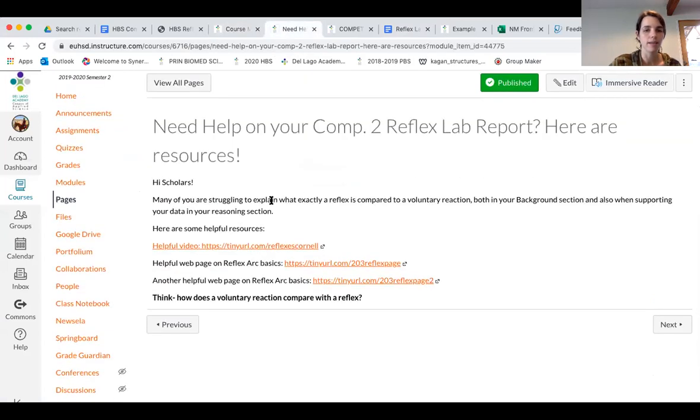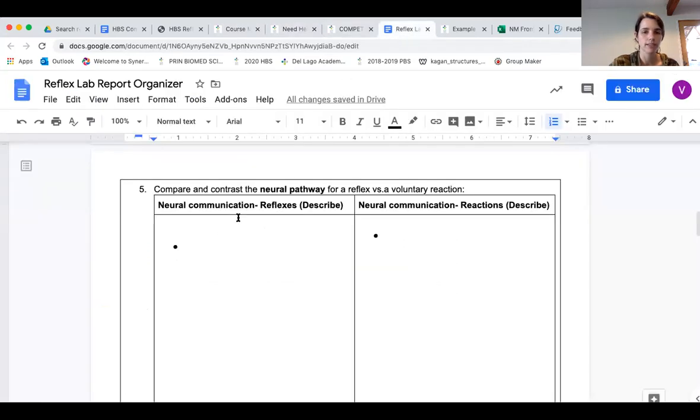So here are a variety of resources that can help you in your background section. And this one explains what reflexes are compared to reactions in a video clip. And then here are two web pages that explain it. So use this information to support your description of reflexes and voluntary reactions.